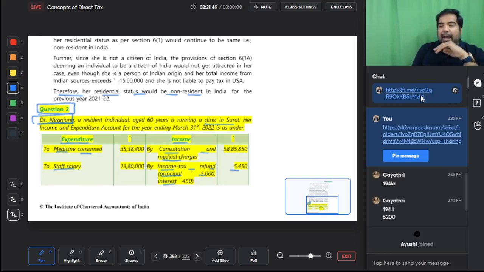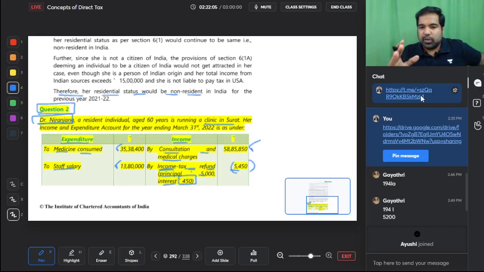Here I can say this seems okay for now, but income tax refund is not an income, just the way income tax payment is not an expense. So you will have to minus 5450, since they have added it. But interest is okay, so that you will take to IFOS. First you'll remove the entire 5450 from PGBP and 450 you will take to IFOS.